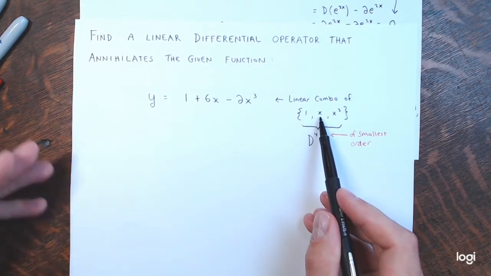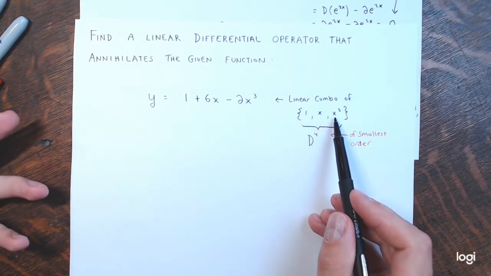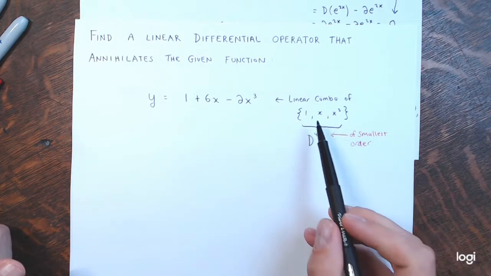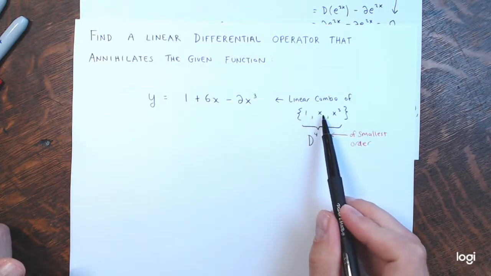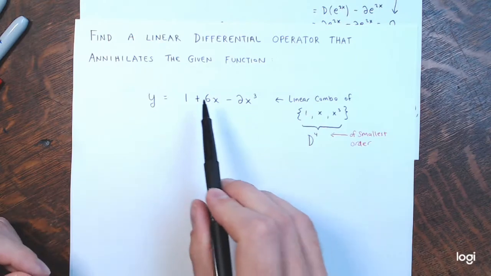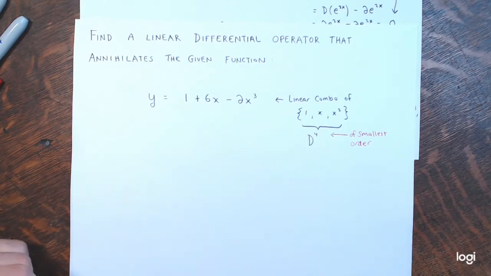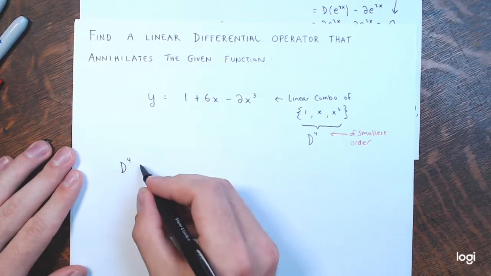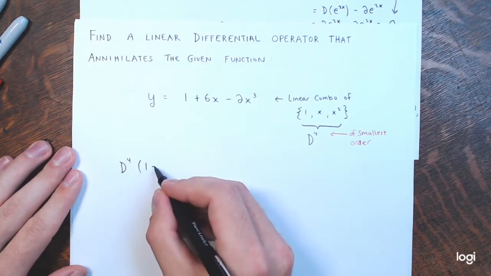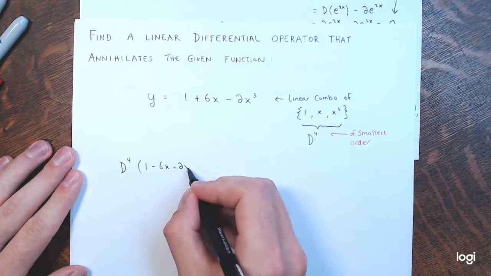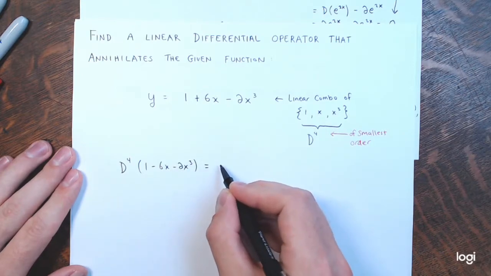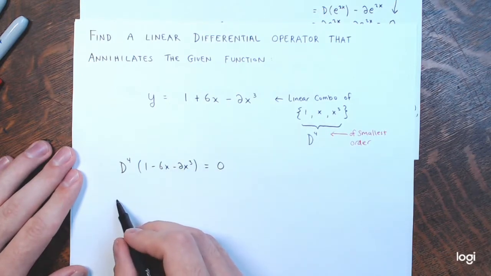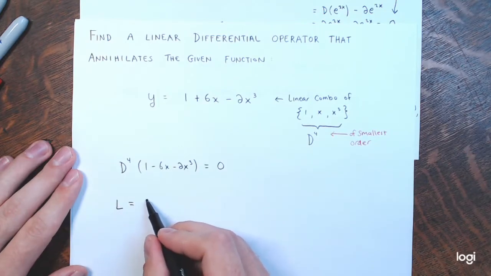Fourth derivative of x would be 0. The fourth derivative of x cubed would be 0. And since d to the fourth annihilates all three of these, it will therefore annihilate this function. So d to the fourth of this 1 plus 6x minus 2x cubed is annihilated. And so the linear operator in question then is d to the fourth.